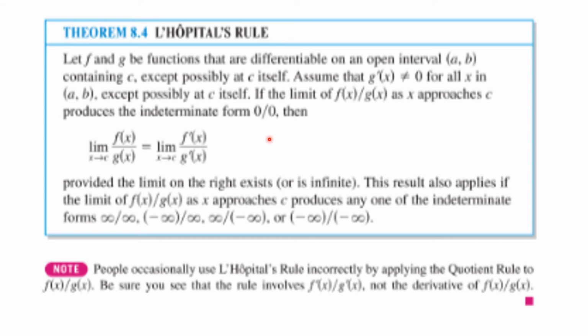And so if you get infinity over infinity, or 0 over 0, or even 0 times infinity, there's all kinds of things that you can get here that you can take the derivatives and evaluate it that way. And so this is L'Hopital's rule, and you actually have to use that to finish this problem.